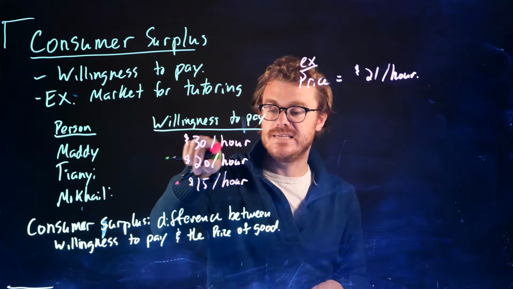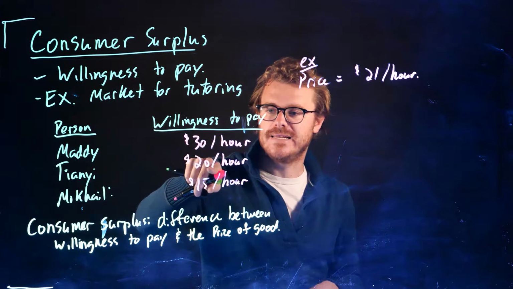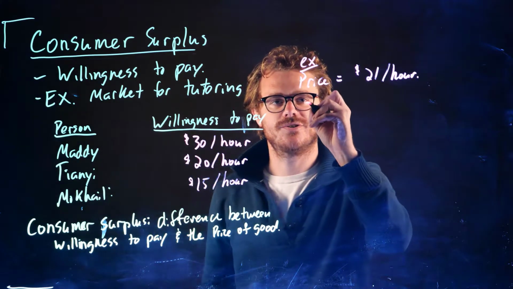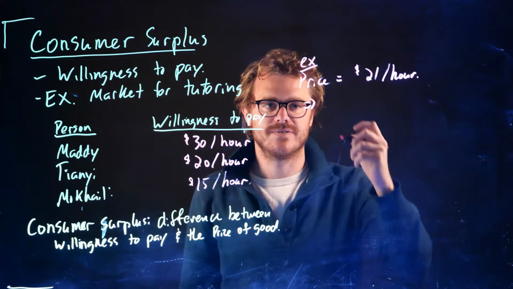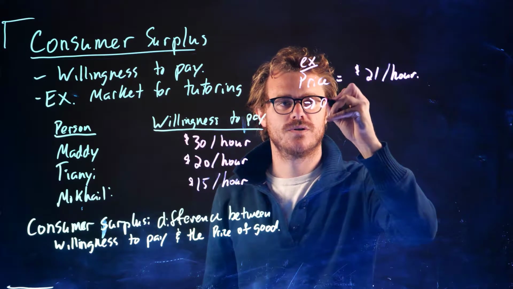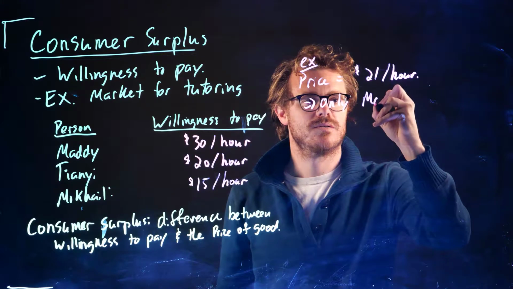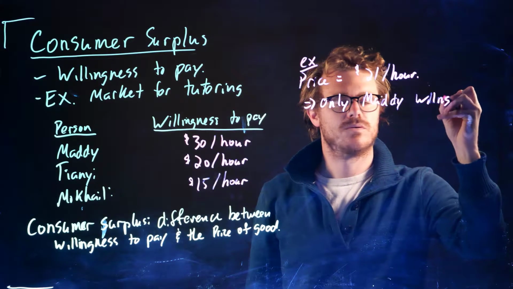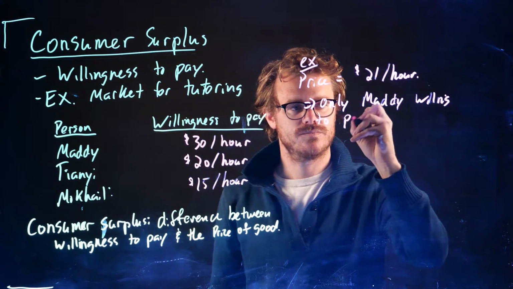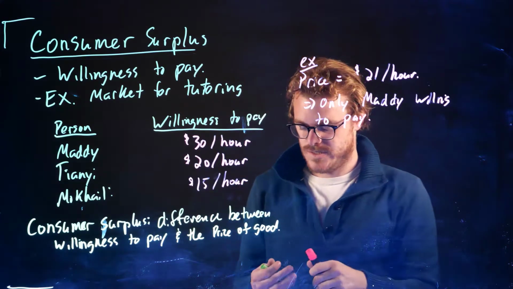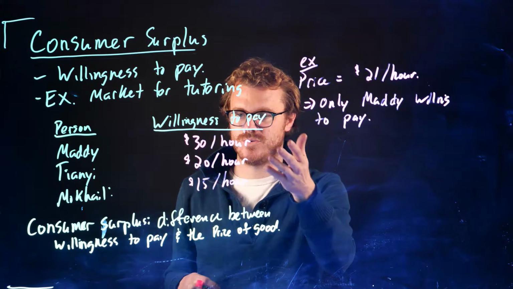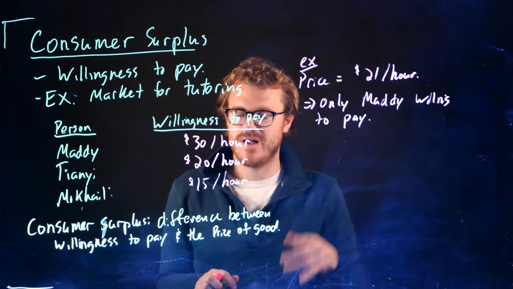That's more than Tianyi's willing to pay, so they're not going to get any tutoring. And only Maddie is going to be buying some tutoring. So only they are the ones that are willing to pay $21 or above.